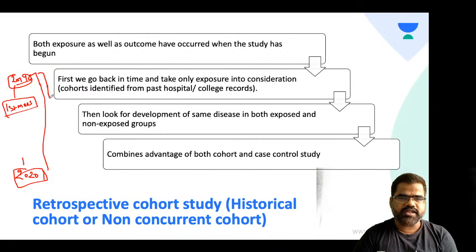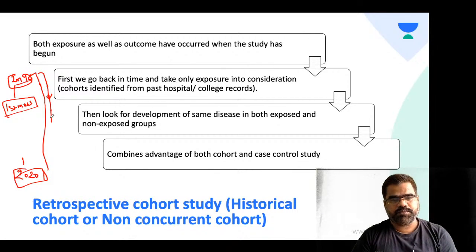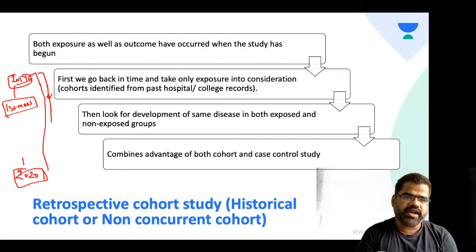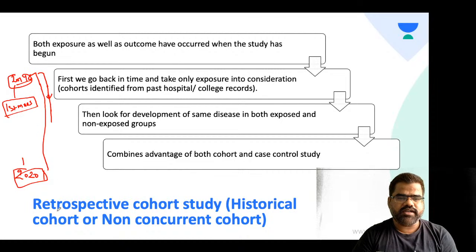I am trying to understand, for example, the disease pattern during the entire MBBS course. So in 2014 I collected their data and then I am trying to follow them over the period of years. So in principle it is a forward-looking study, but since in time we have gone back to 2014 and then moving forward, it is called a retrospective cohort study, right?